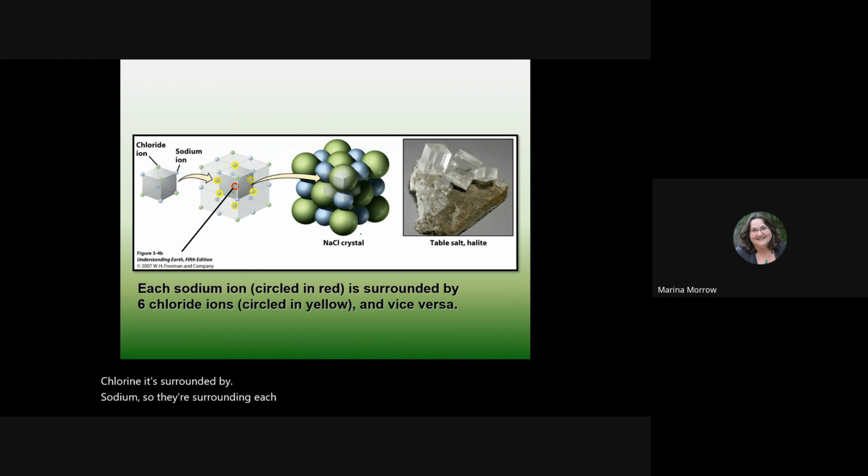And so they make a big clump of material, and that makes table salt, sodium chloride. Now, for geologists, this is also a mineral. So it's also called halite. So yes, that's the name for sodium chloride, halite. And notice that it's very, very square, which reflects the beautiful squareness of the inner structure.